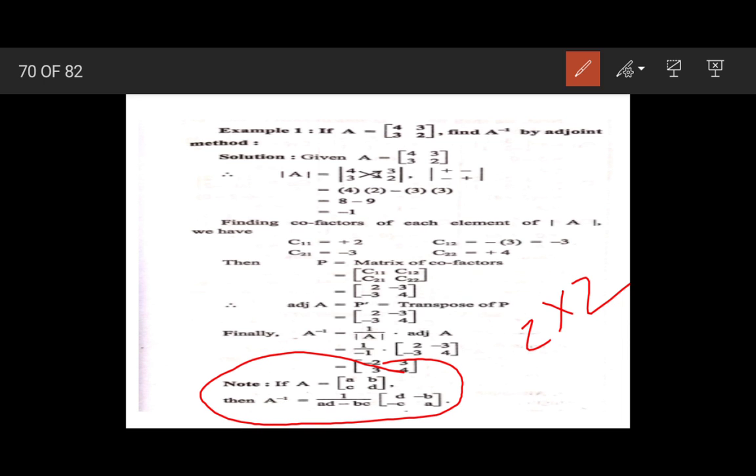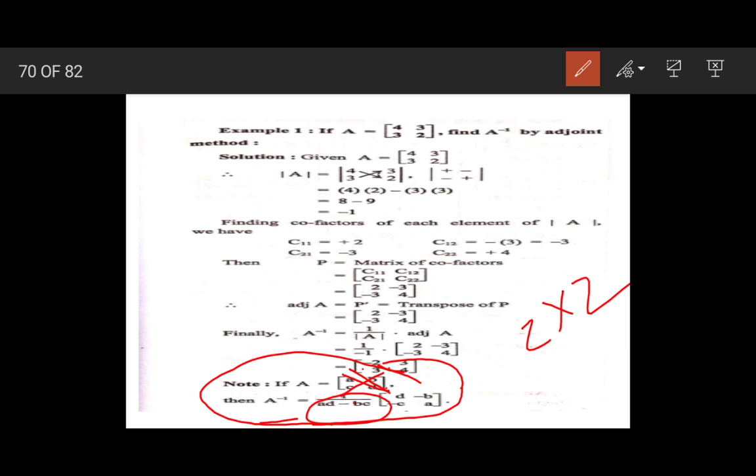Okay, just note down, if A is a matrix of a, b, c, d, then A inverse is simply 1 upon ad minus bc, cross multiply, right? ad minus bc, okay, into determinant of, now for a write d, for b write c, sorry, for a write d, for b it will be minus b, for c it will be minus c, and for d it will be a.